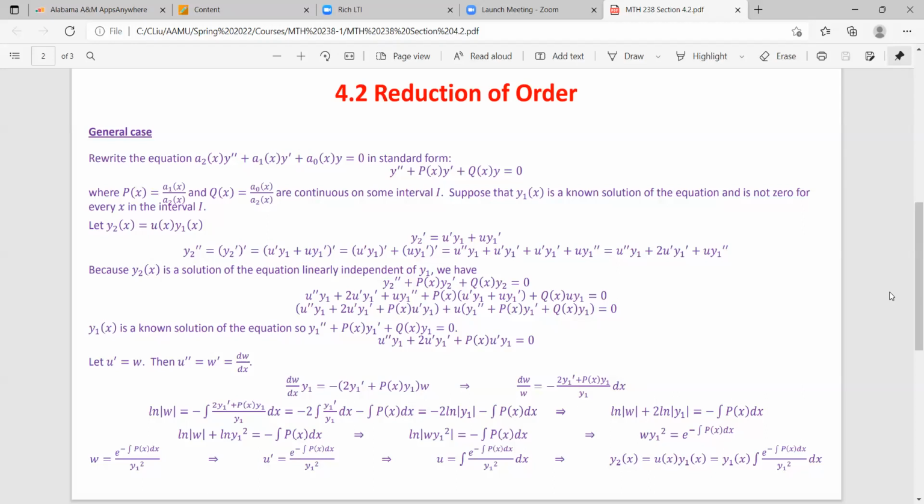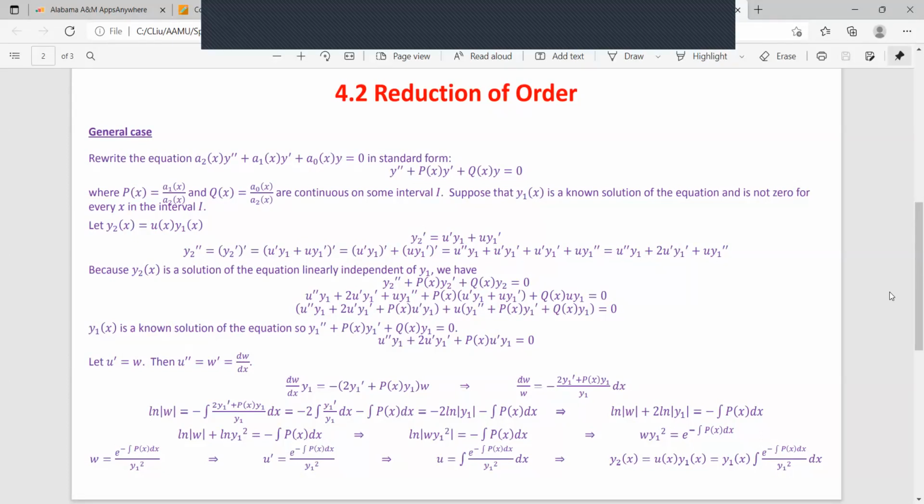So then we get w times y1 squared equals e to the negative integral of p. Again, we don't have to worry about positive or negative when we take the exponential of both sides. We don't have to worry about the opposite constant either, because we just need to find one such w.